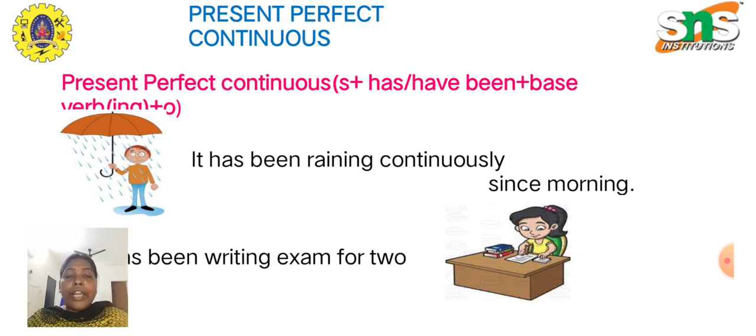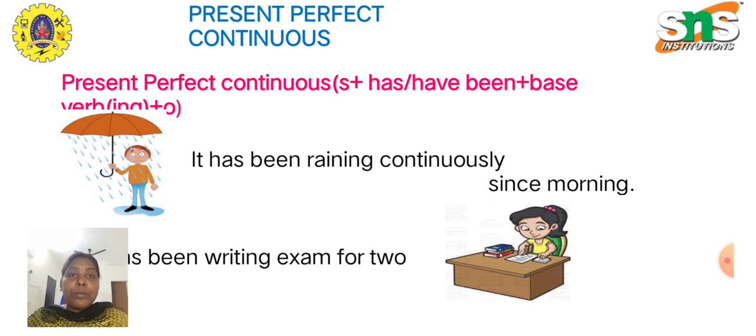And I can tell one secret about this particular tense form: this is the one and only tense form which connects three times together. It means the action might have started sometime in the past and it is existing now, and there might be a reference for continuing in future time. So you can't predict when the event will end in the future.